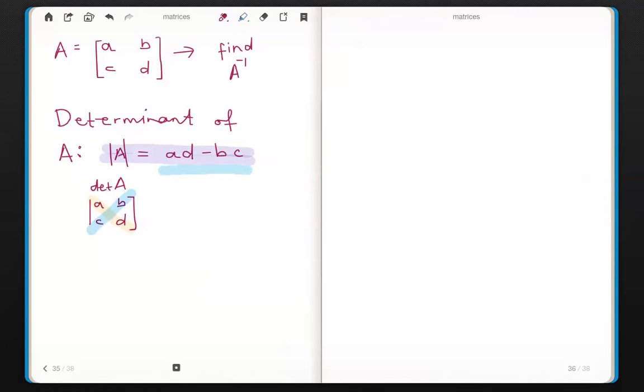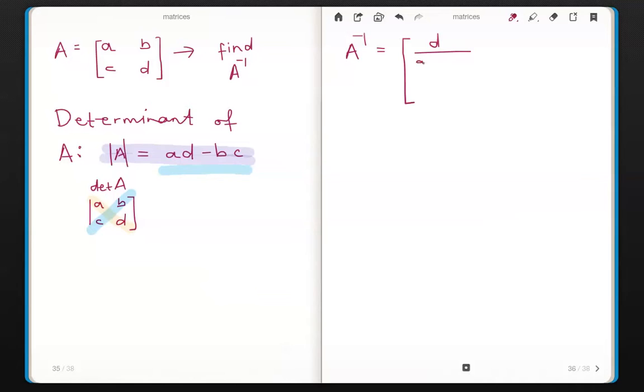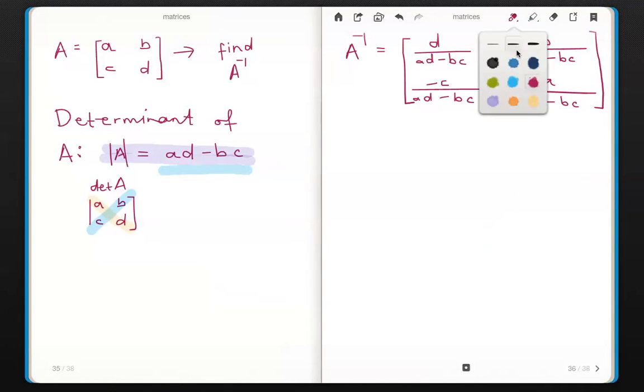So once we've found the determinant, A to the minus 1 equals, I'll write it first and then I'll talk about it: D over the determinant AD take BC, minus B over the determinant AD take BC, minus C over AD take BC, and A over the determinant AD take BC. So that is our inverse of A.